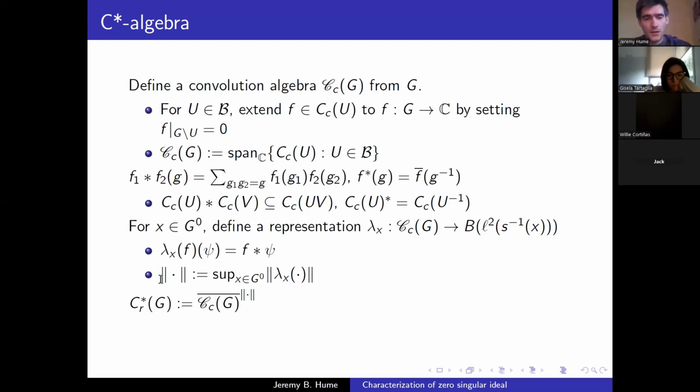Okay. And then you get the norm by taking the supremum over all these left regular representations. And the completion will be our reduced groupoid C-star algebra that we're interested in.